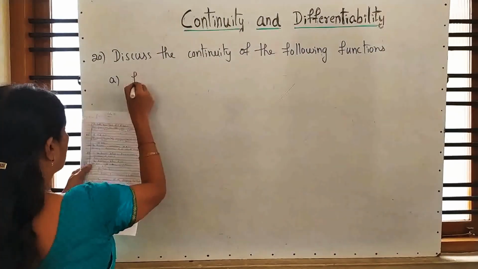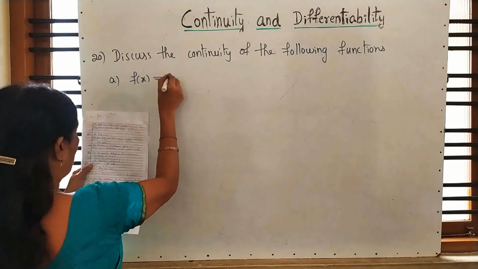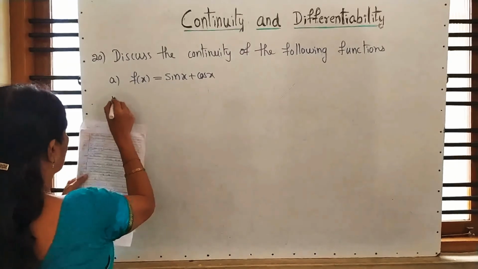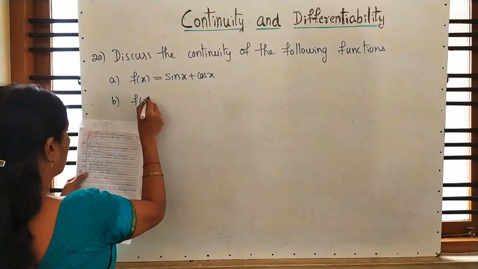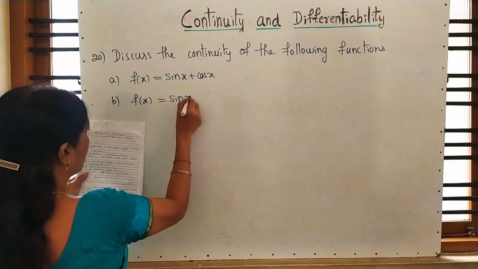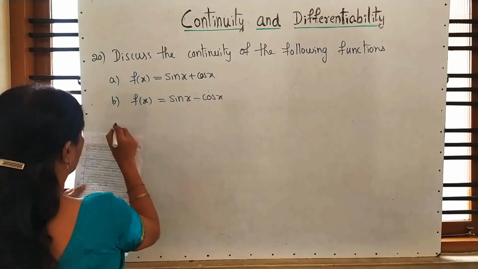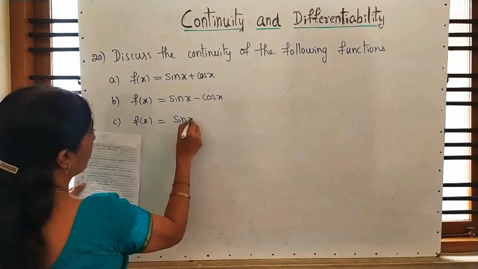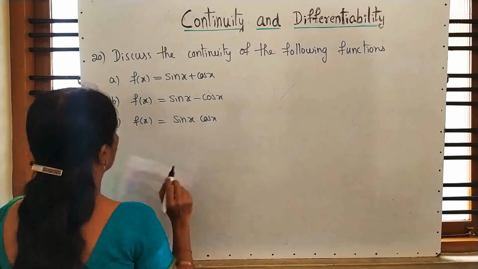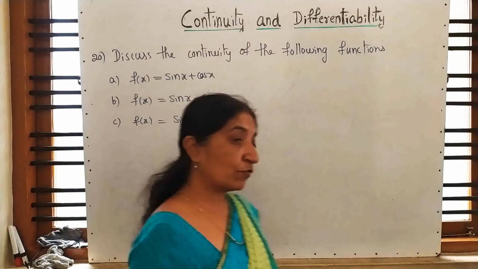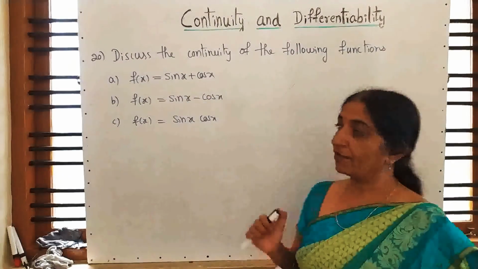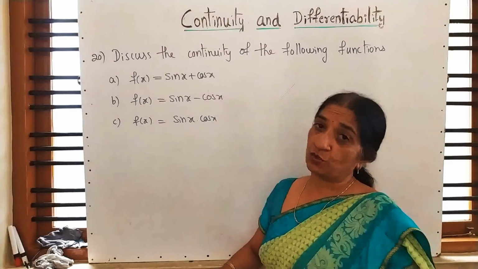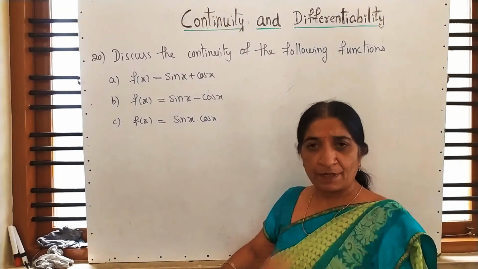First one, f of x is equal to sin x plus cos x. Second one, f of x is equal to sin x minus cos x. Third one, f of x is equal to sin x into cos x. Students, here I will give some work for students. I will explain each and every concept, but the writing I will leave to the students. It is not homework, I will explain now only.